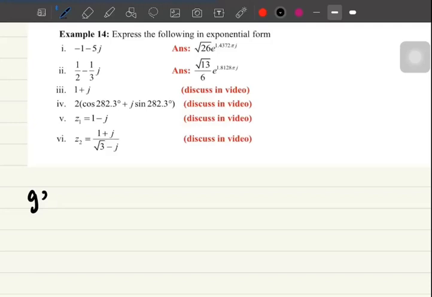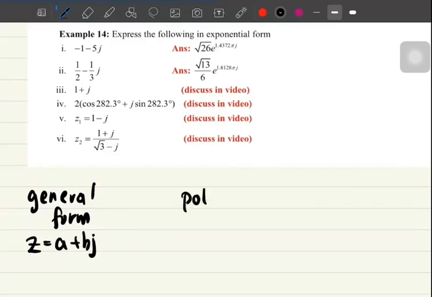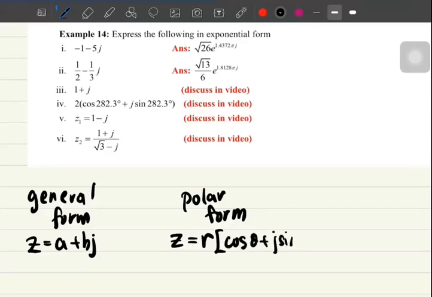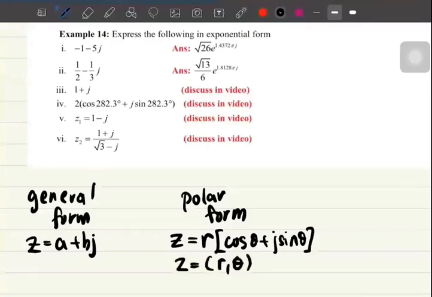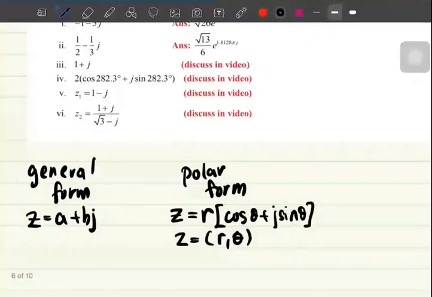Ada general form, which is Z is equals to A plus BJ, and you have polar form, which is Z is equals to R cos theta plus J sin theta, or you can write Z is equals to R theta. Okay. Kalau polar form, kita boleh tulis juga dalam bentuk ni, R theta. Okay. And now you have exponential form.